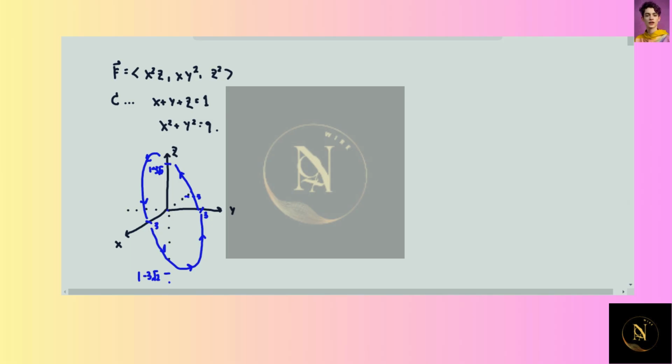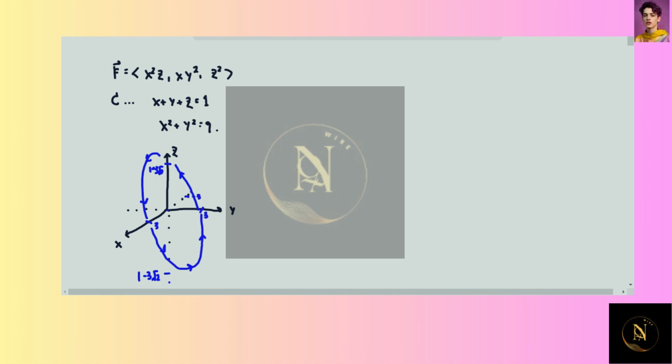So F is given as x squared z, x y squared, z squared, and the curve C is given by the plane x plus y plus z equals 1 intersecting with the cylinder x squared plus y squared equals 9.